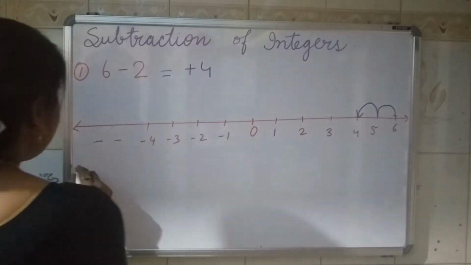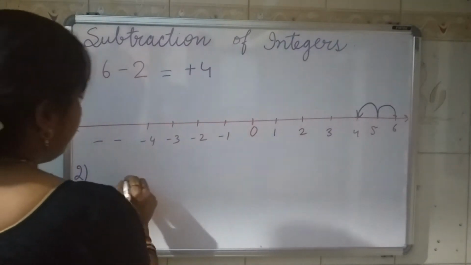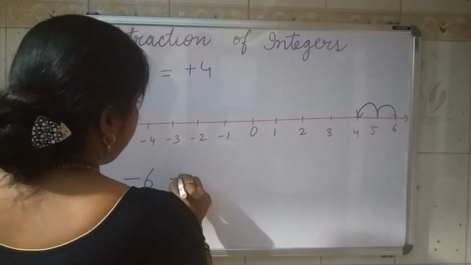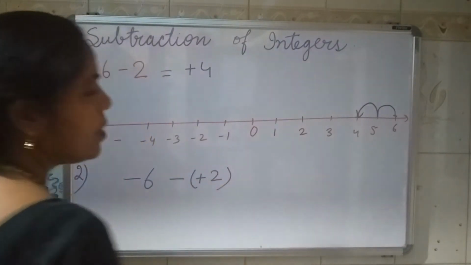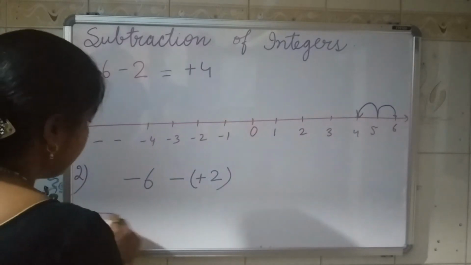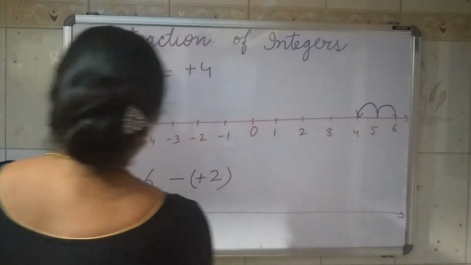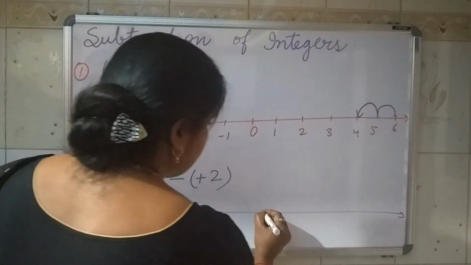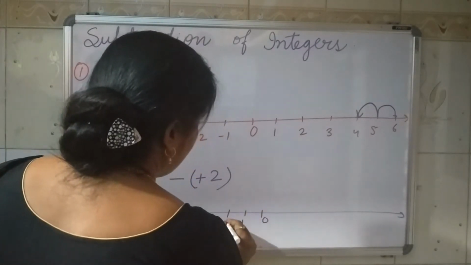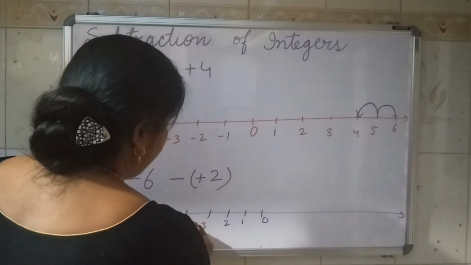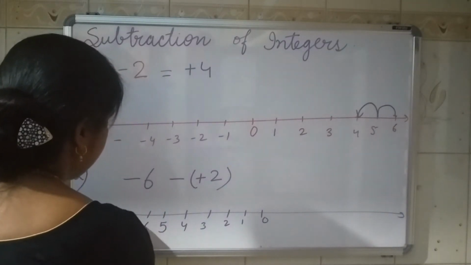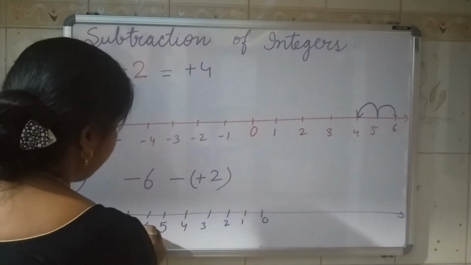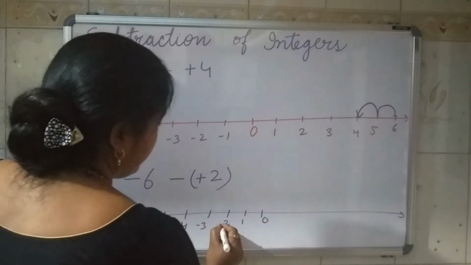If we have another number, for example, minus 6 minus plus 2, then what will we do? Same thing. Make a number line. This is 0, 1, 2, 3, 4, 5, 6, 7, 8. These all numbers are with the negative sign. Clear?